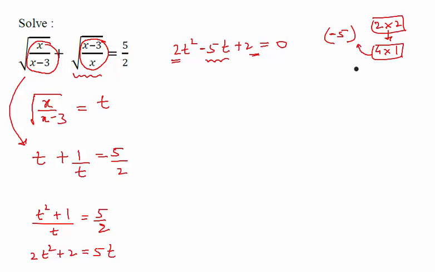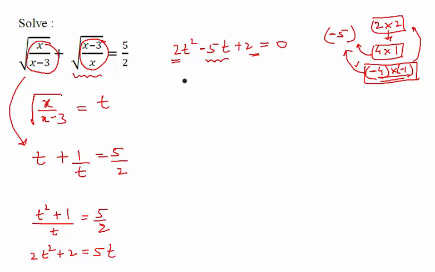Their sum is coming out to be plus 5. So let us introduce minus in both the numbers. Minus 4 into minus 1 still gives the product as 2 into 2, but now their sum will become minus 5. So these are the two numbers which you should use to split your middle term, right?